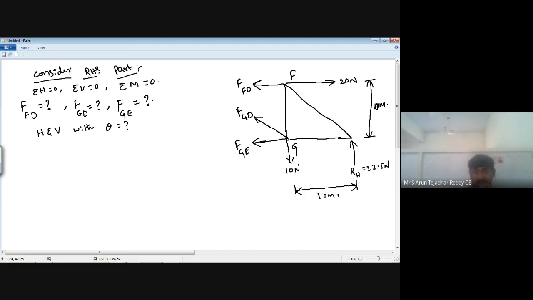See here, base is 10 meter, height is 10 meter. So from the mathematical point of view, apply tan inverse of 10 by 10. Then it is 45 degree. So here, write it as 45 degree.